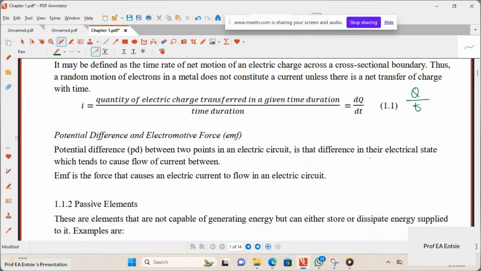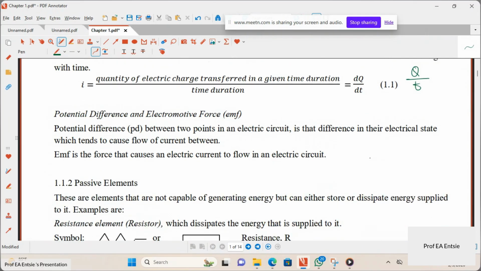Yes. So potential difference, PD, you know that it's just the change in voltage between 2 points in a circuit. When there is a change in voltage, that's the flow of electrons from a higher voltage to a lower voltage.